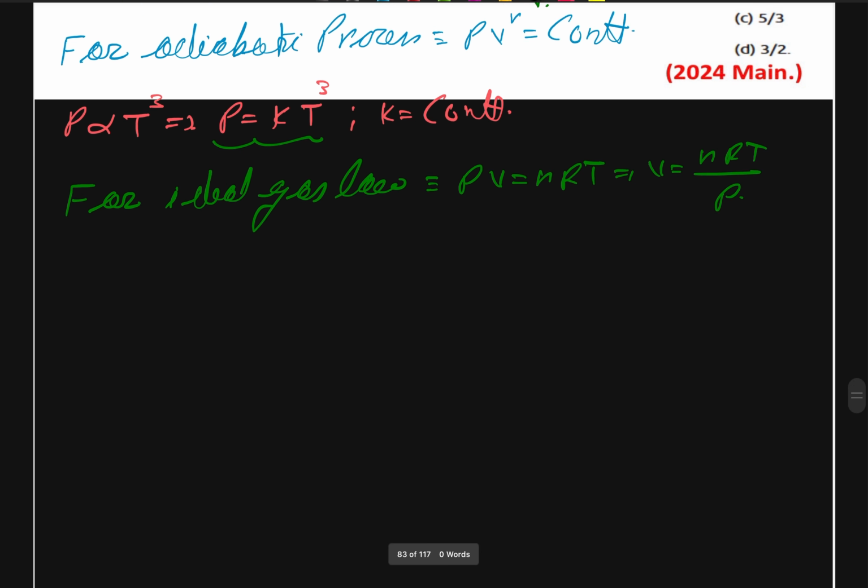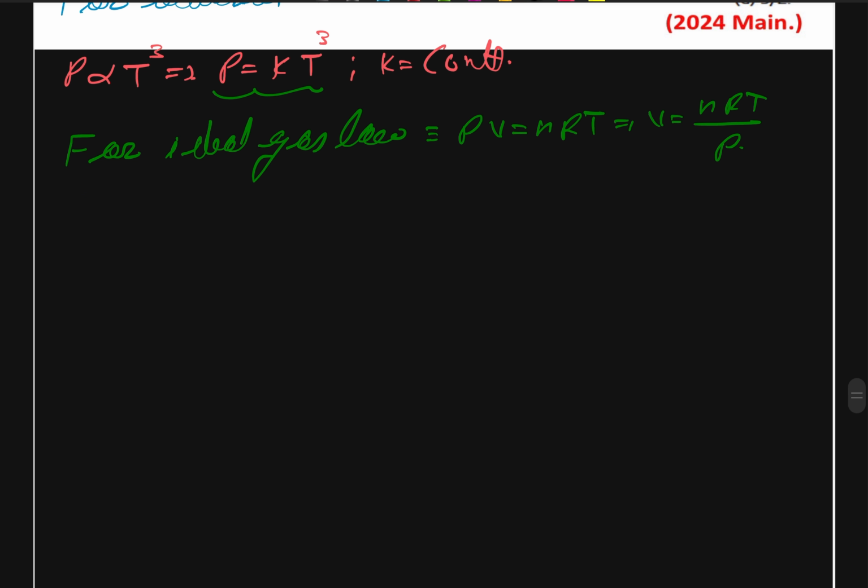Therefore we get that the volume V is equal to nRT, and this is K times T cube, and this T goes by square, so we are left with this as our nR upon K T square.